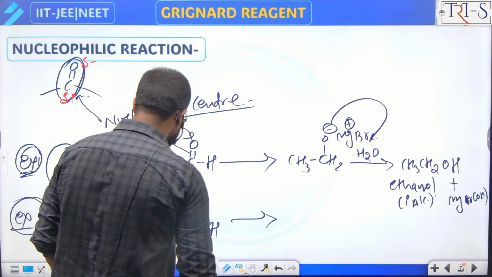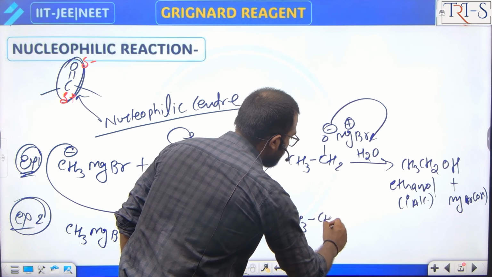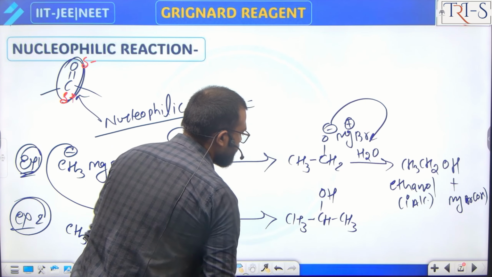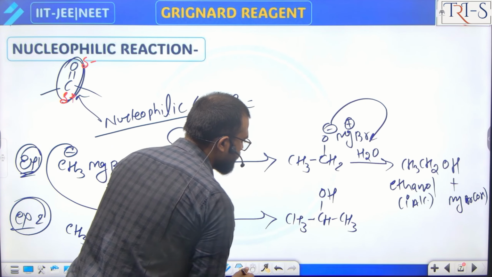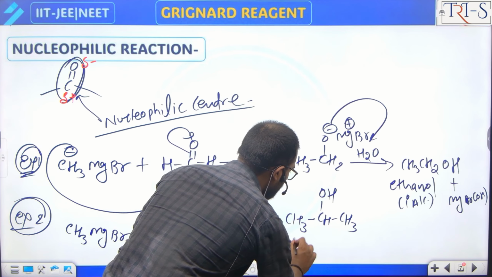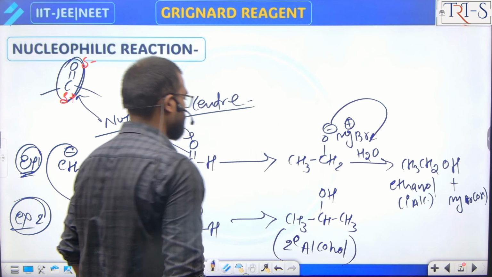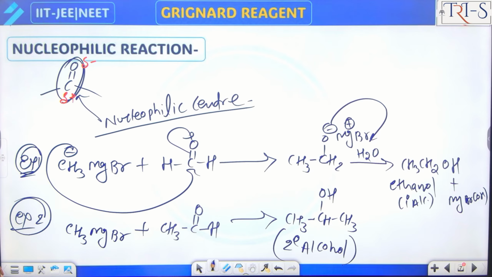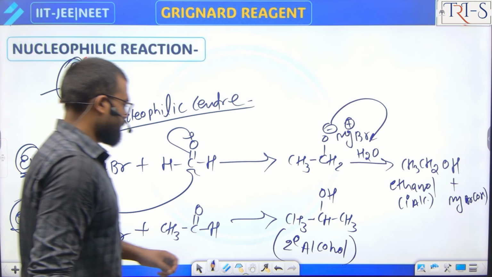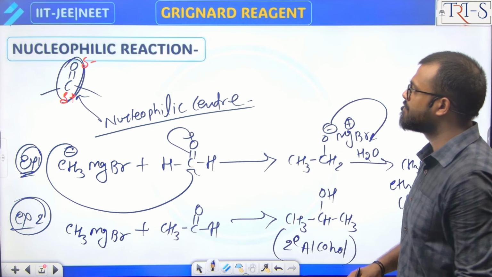So it will give the CH3CH(OH)CH3, and this compound is isopropanol, and this is a 2 degree alcohol. Okay. And we will see some other examples.